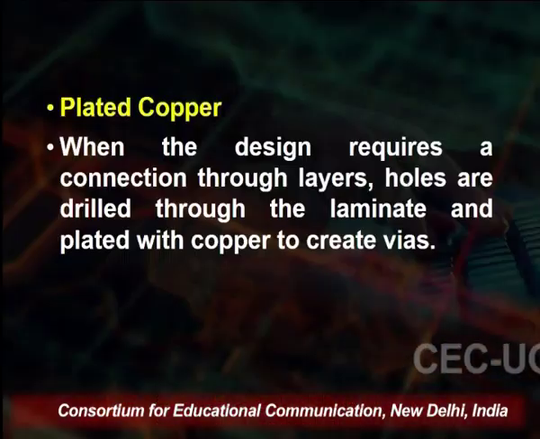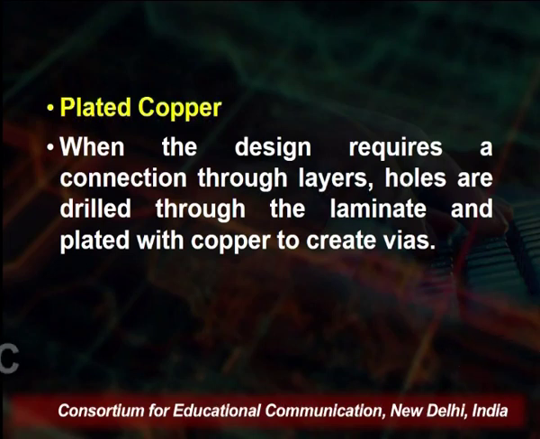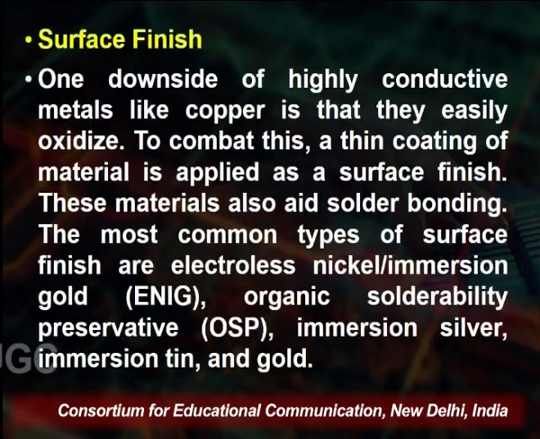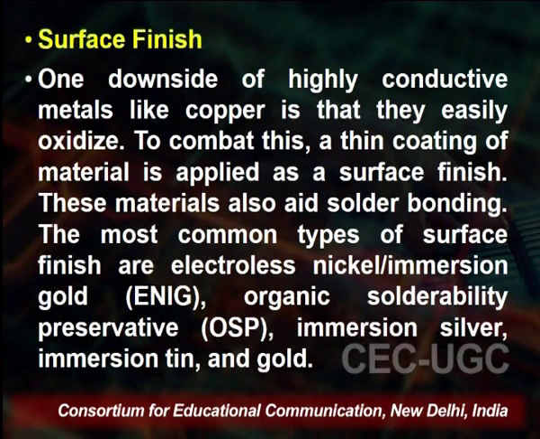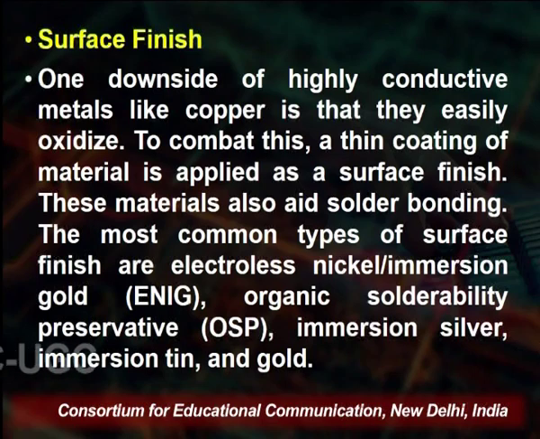Another is the plated copper. When the design requires a connection through the layers, holes are drilled through the laminate and plated with copper to create the vias. Another is the surface finish. The downside of highly conductive metals like copper is that they easily oxidize.